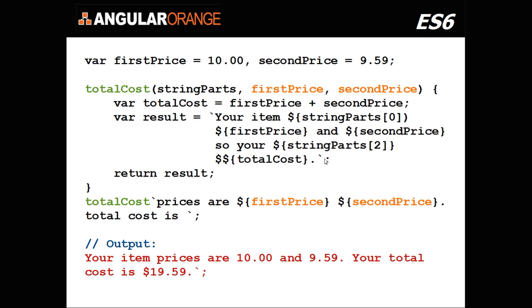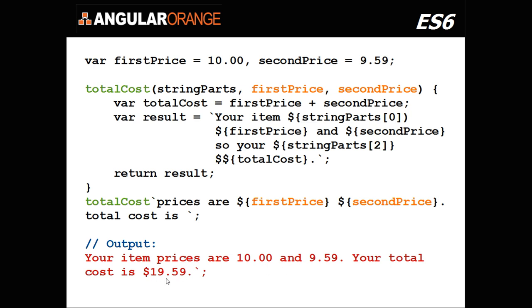Now notice I have the backticks here, and when I invoke the total cost function, I have string parts here. I have this element and this element, and so when I call total cost on this function, I construct this sentence: your item prices are $10 and $9.59.